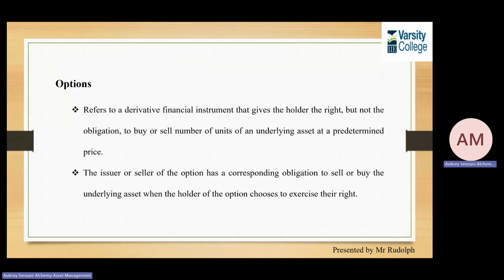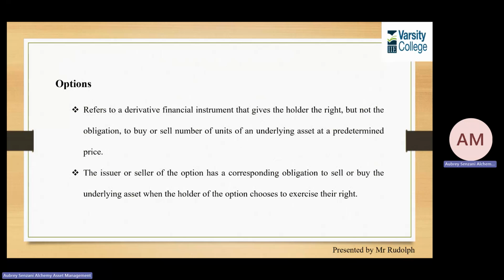Why do I want to emphasize that word? Options or derivatives are assets, but they're not assets in and of themselves. They derive their value from an underlying. Are we together? So an option, you have the option to buy Apple shares.